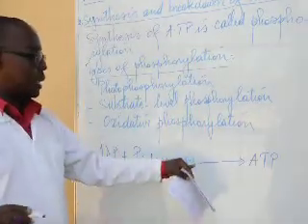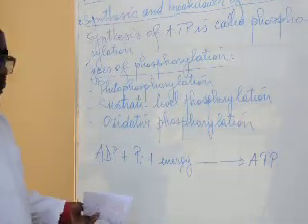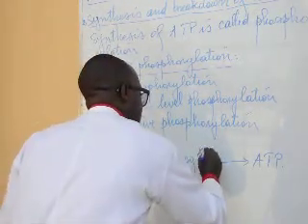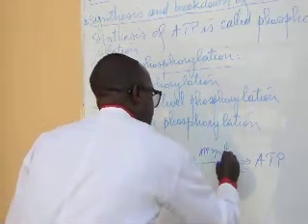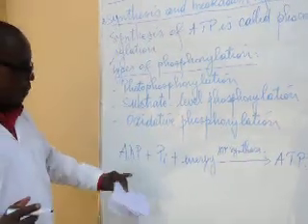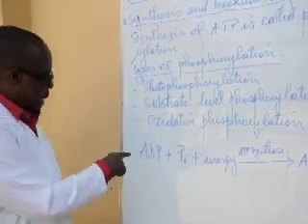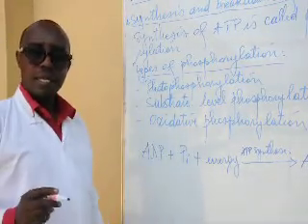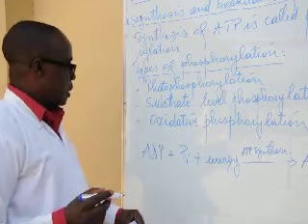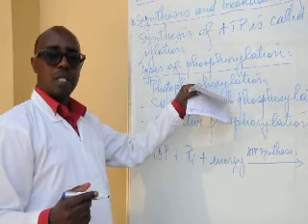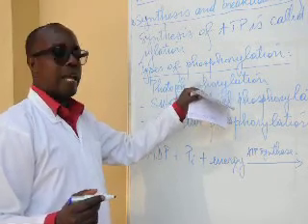This is catalyzed by an enzyme called ATP synthase. This is the synthesis of ATP, and it takes place in living cells, especially photophosphorylation, which occurs during photosynthesis, in the light-dependent reaction.